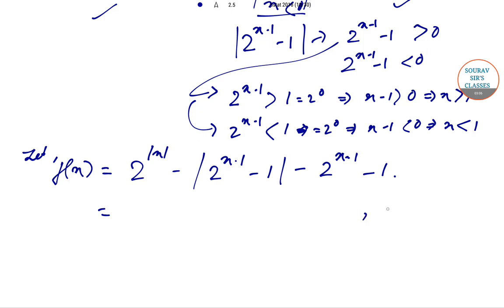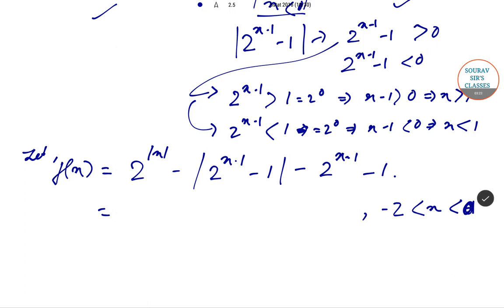Now if x lies between -2 and, we are not concerned with -1 over here, we are only concerned with 1 and 0, so we'll take it as 0.